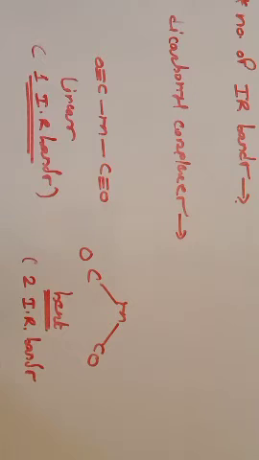So the linear molecule has only one IR band and the bent geometry has two IR bands.